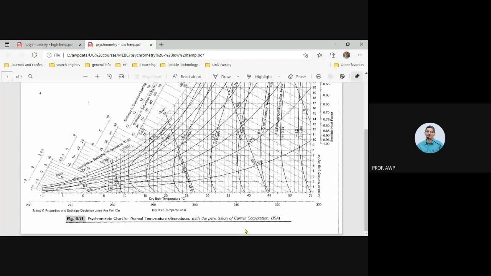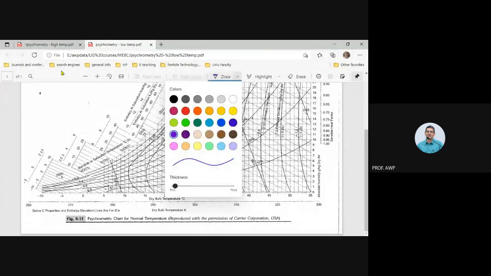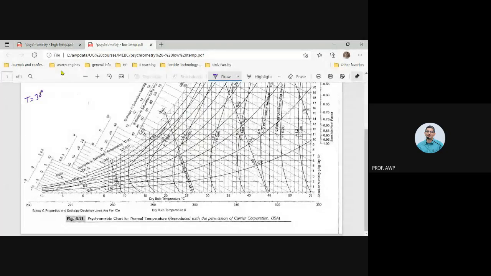So now suppose I say that temperature is 30 degrees centigrade and dew point is 15 degrees centigrade, right? So dew point 15 degrees centigrade, that means you'll just have to go to this 15 degrees centigrade. That means our humidity must be somewhere along this line.